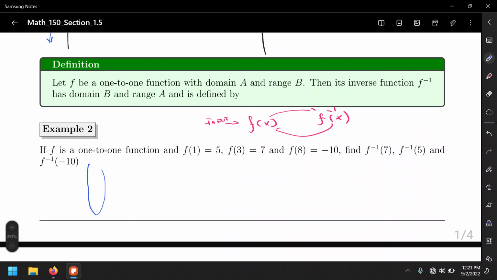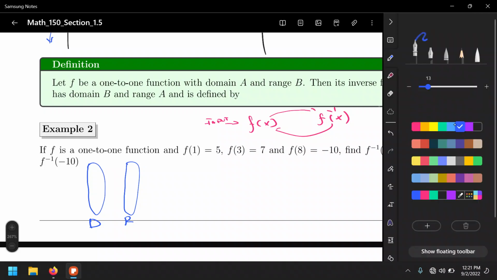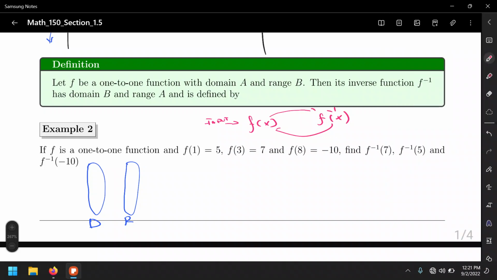So, the first bubble right here will denote the domain and the other the range. The domain is the inputs, the values inside of the parentheses, and the outputs are going to be the y values. Recall that when we see notation like f of 1 equals 5, what it's really telling us is the ordered pair (1, 5).